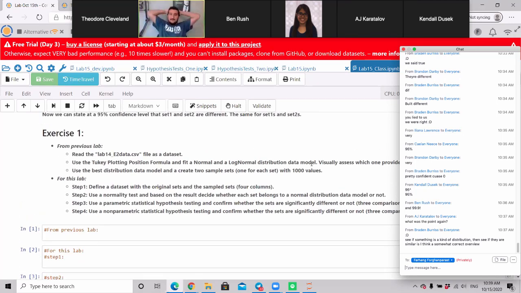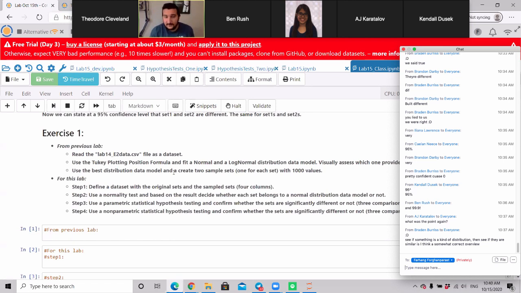So about exercise 1, since most of you have lost your memories, I have to remind you again. In the previous lab, you worked on a data set from lab 14 _E2 data.csv. Again, it had 2 sets of data. You were asked to use the 2-key plotting position formula and fit a normal and log normal distribution data model, and then based on visual assessment, pick the one that fit your data better.